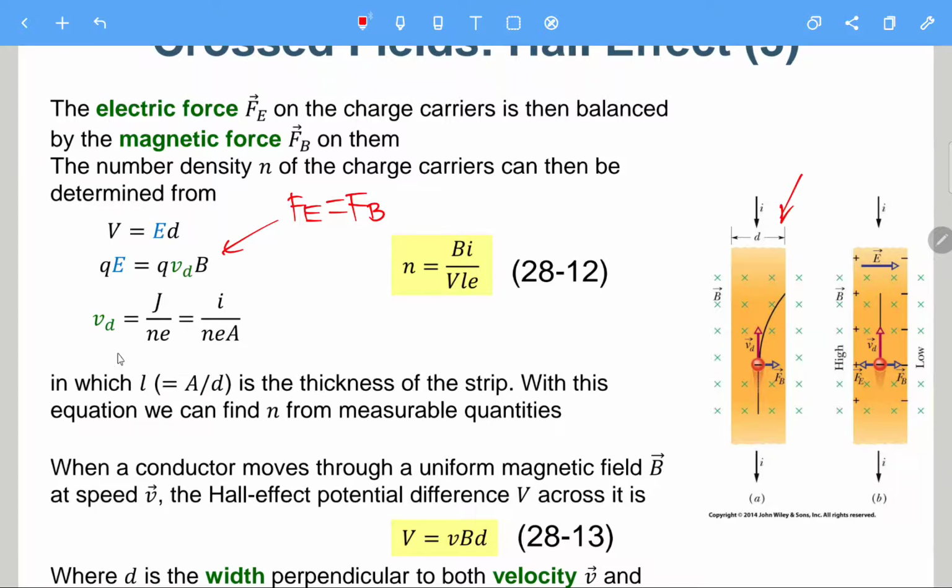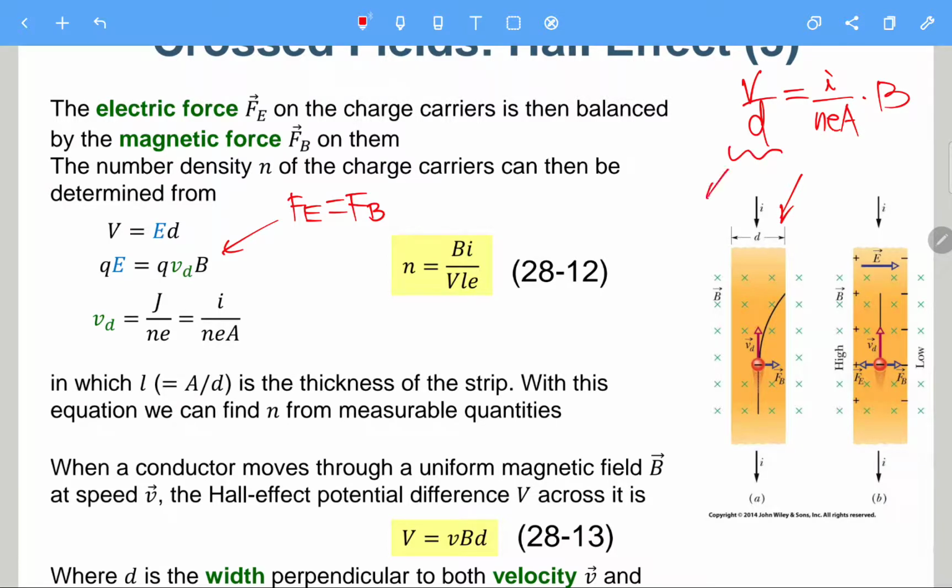So we just plug VD into here, and then plug in E equals V over D here, so that we have Q times V over D, actually Q can already be cancelled, so that we have V over D equals I over nEA, and then times B.